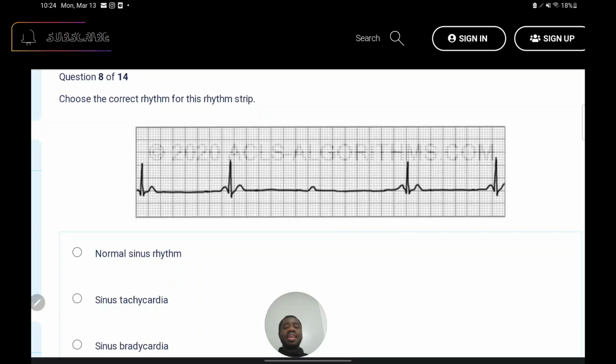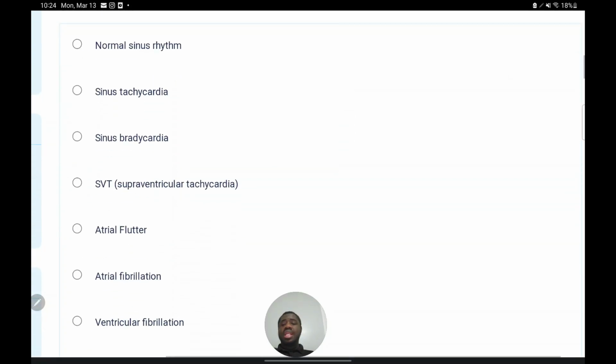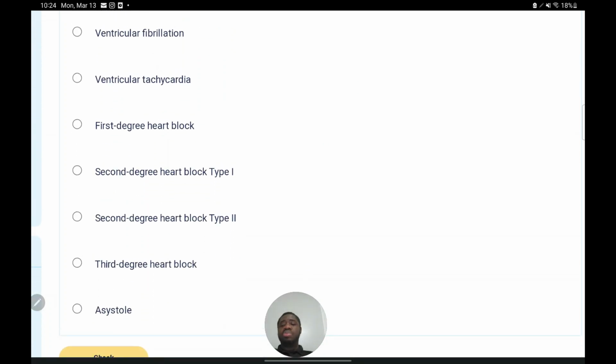So there is a blockade somewhere here. This is an example of second degree heart block type 2.